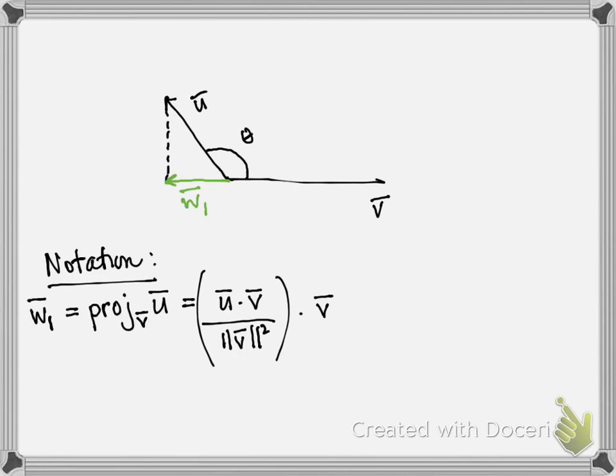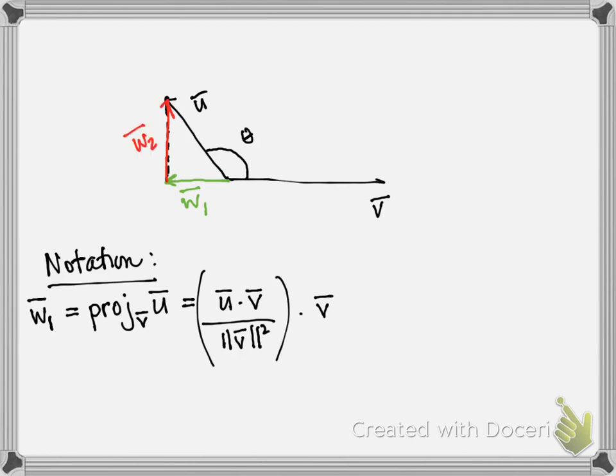So great. So now we've got one part of U that's running parallel to V. Well, there's another part of U that's running perpendicular or orthogonal to V. So in my picture that I've got already sitting here, that would be this vector right here. And that's what we're going to call W2.